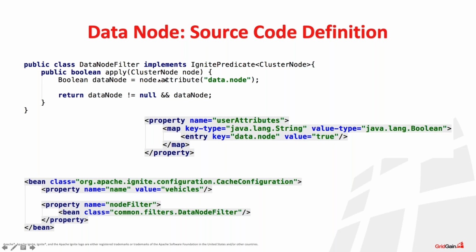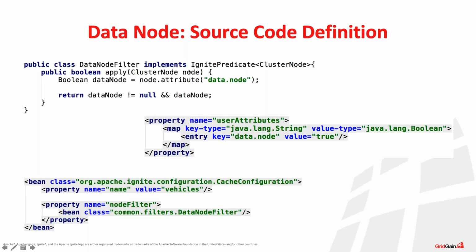If the filter sees that the node has this attribute set, then the node will be considered a data node, and as a result, we will deploy caches there. All the caches you have in your cluster will be deployed on that node as well, meaning that the node will be responsible for a subset of the data of specific caches.